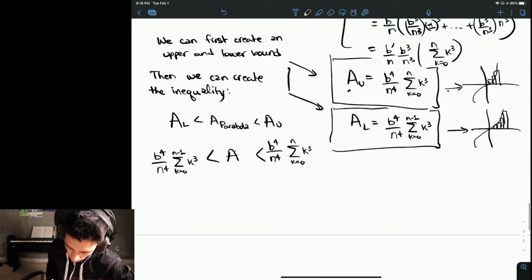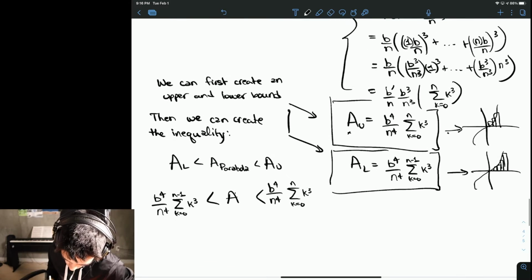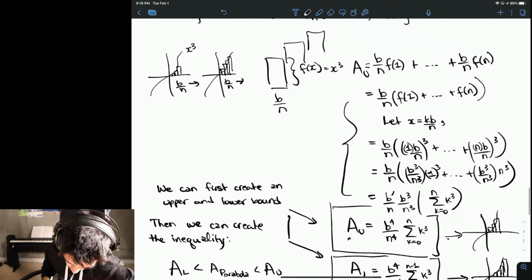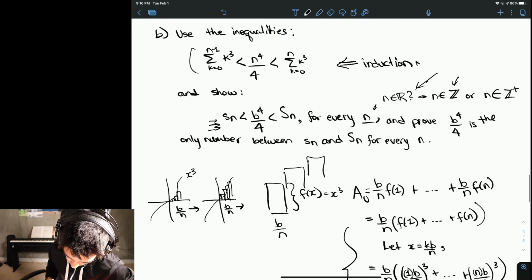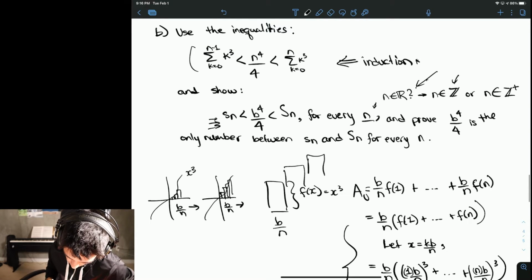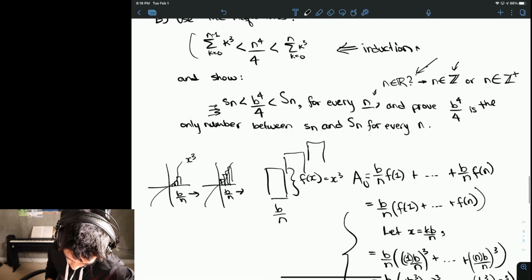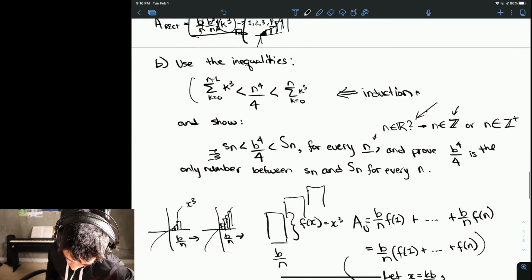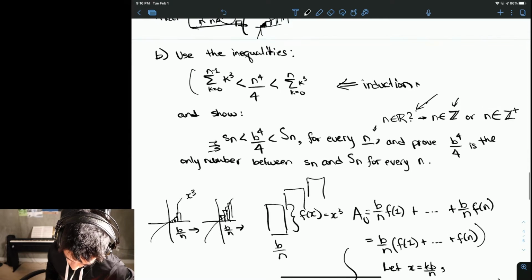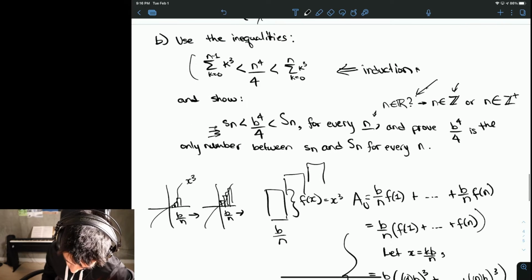So the next question is, how do we move from this inequality that we have here to this right there? We can at least show that, so fortunately, we actually don't have to do this proof right here.